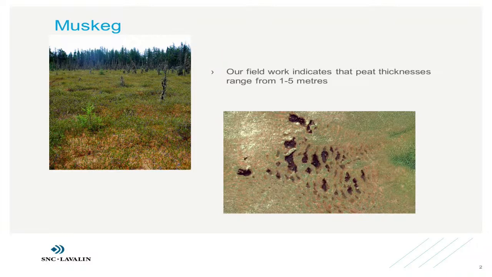Now, some people might say, well, why can't you just build a causeway, like an elevated causeway across all of this? Well, the thing is you're talking about 50 to 60 kilometers of James Bay lowlands that this road would be traveling through. And that would be incredibly expensive. And not only that, the environmental impacts would be significant because you're talking about building so many bridge piers to support that elevated roadway through there.